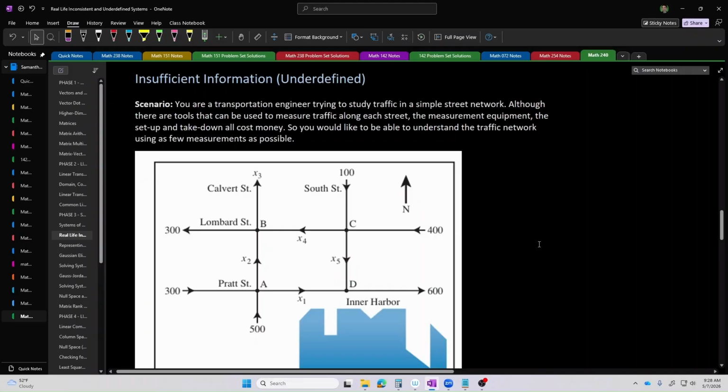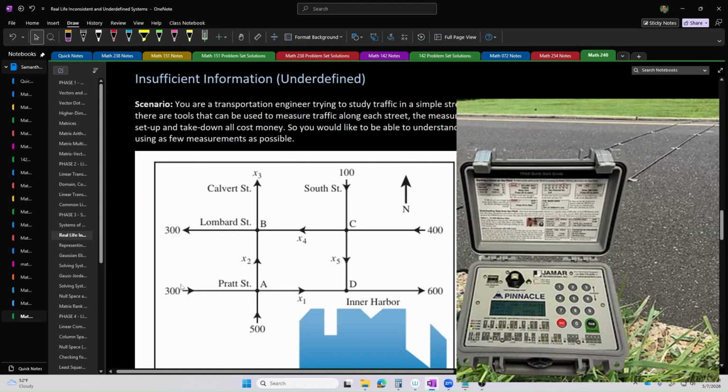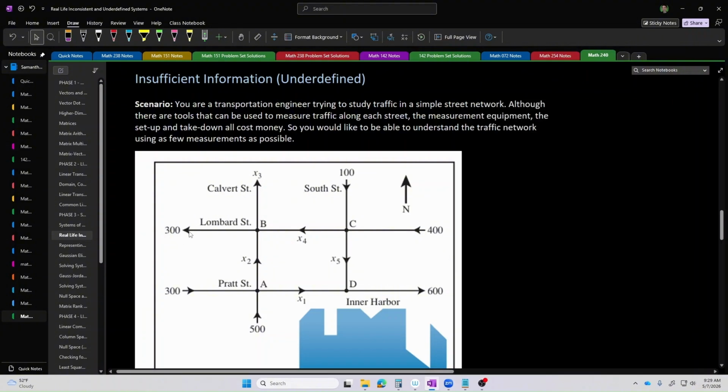Now, to measure traffic in a street network, you have to actually measure it, right? You might have actually seen on various streets the little device that they put up with the cord that stretches across the street that's used to measure traffic flow through that street. And that equipment costs money, setting it up costs money, taking it down costs money. So ideally, you would like to solve your traffic network using as few measurements as possible.